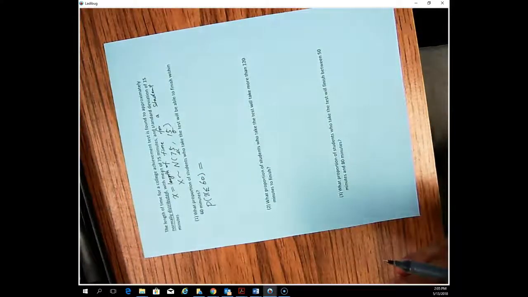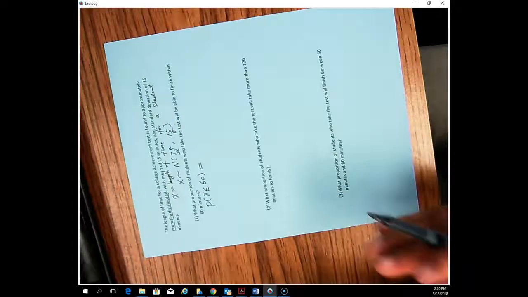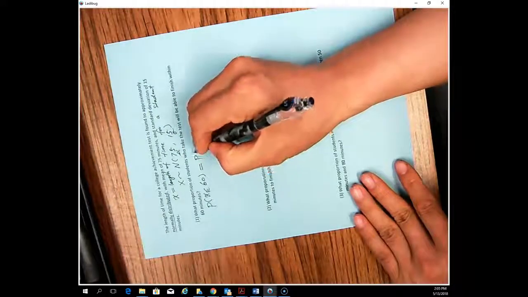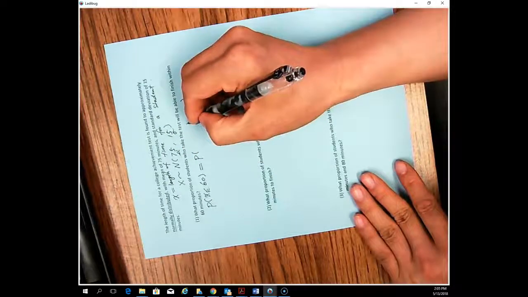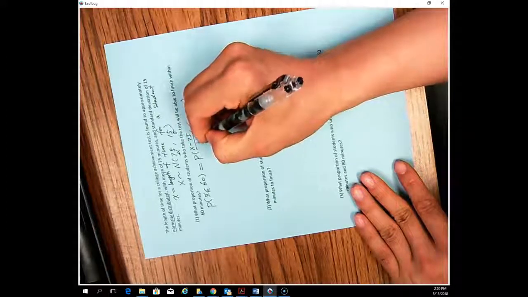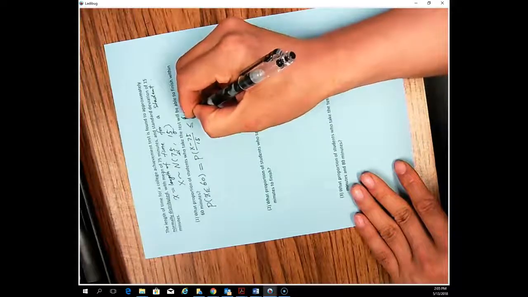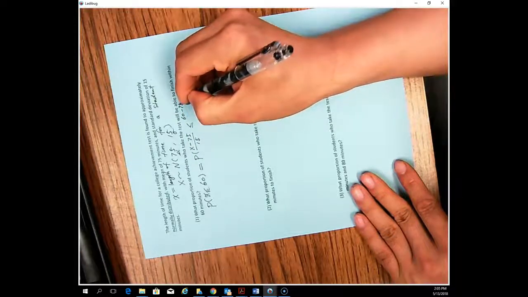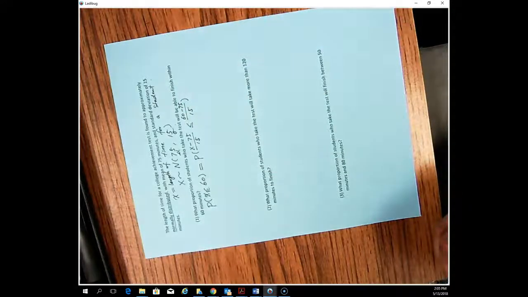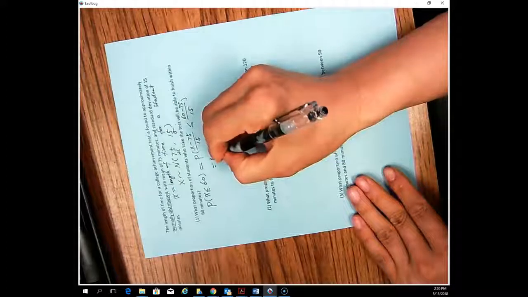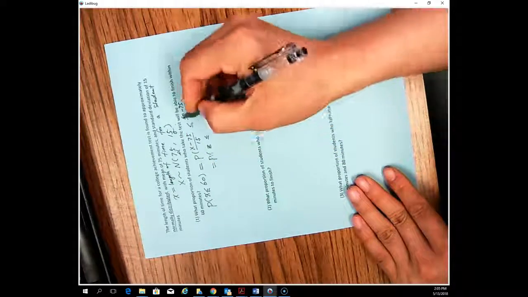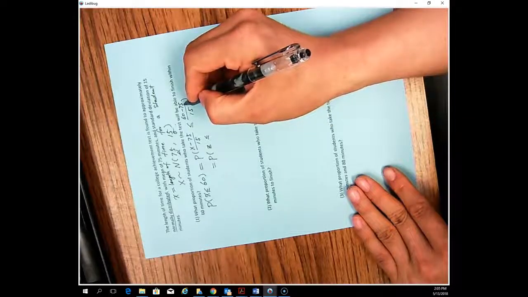We need to standardize the event into z, then look up the z-table. So let's go ahead and do this. That'll be the probability of, we keep the sign as is, and x minus mu, 75, divided by sigma, 15. And here will be 60 minus 75 divided by 15, right? So the front part will become z. And here we have 60 minus 75, that's negative 15.